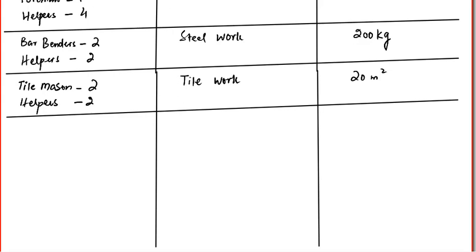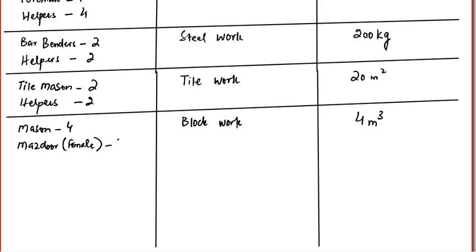And the next activity is block work. Block work and brick work are different because the sizes of block and brick are different, right? Let's say if you are doing 4 meter cube of block work, we actually consider it in meter cubes. For 4 meter cube of block work, you may need 4 masons and then labor, mazdoor, female mazdoor.